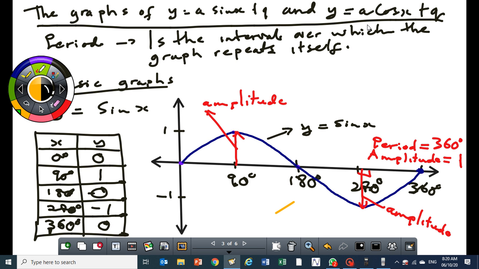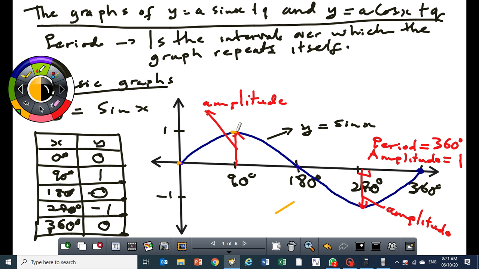Like the quadratic function, the hyperbola, exponential, use freehand. So the first thing that you have to do: if x is 0, that's here. Y is 0. So that's your first point. We are plotting now. Then if x is 90, y is 1.